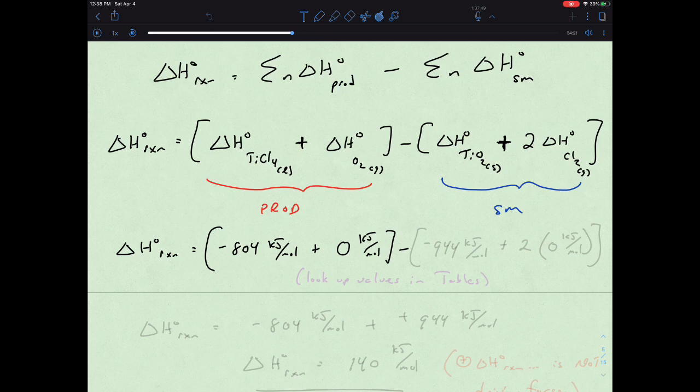And then that's minus the enthalpy that we would have for our titanium dioxide, which is a negative 944 kilojoules per mole, plus 2 times the enthalpy for chlorine gas. Again, chlorine gas is how chlorine exists in nature, so that would be as well a 0 kilojoules per mole. And we can look these values up.